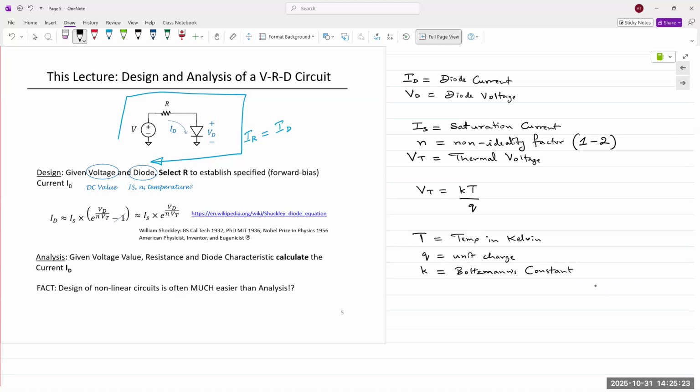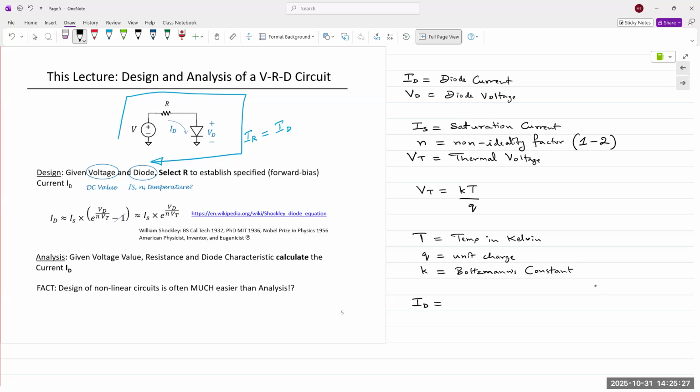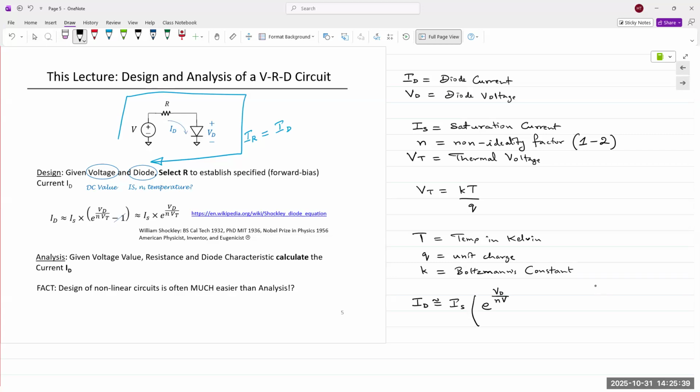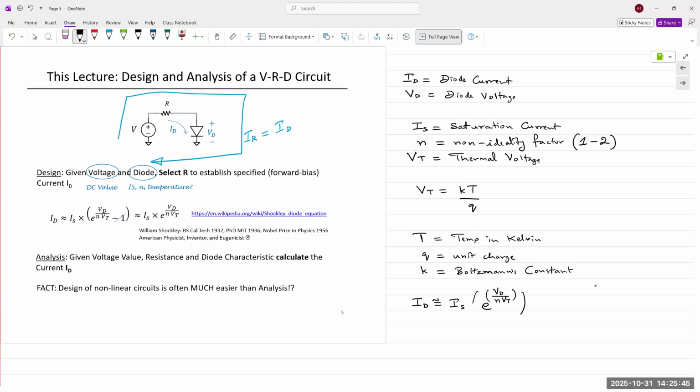And so what's left behind is ID is approximately equal to IS times e raised to VD over NVT. Okay.